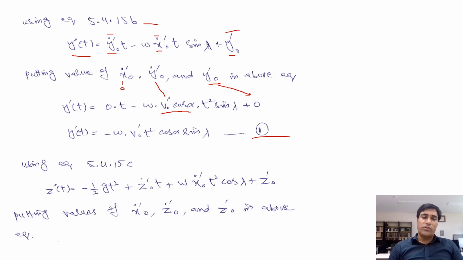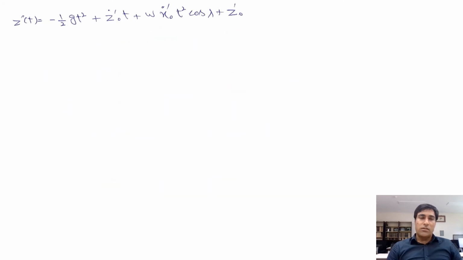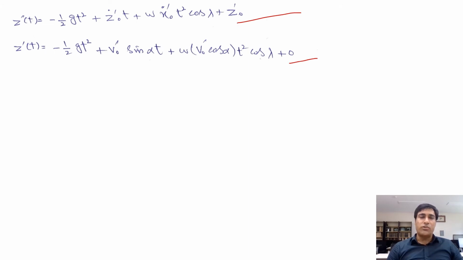Again we will put the values of the velocity components x dot dash, y dot dash and the position z dash into this equation. In the first slide I mentioned the values of the velocity and position components, so we simply take the values from there and substitute them here.